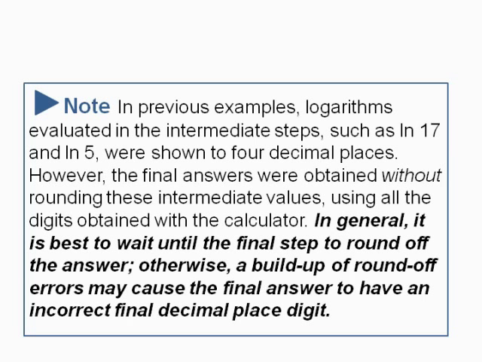Now notice it says in previous examples, logarithms evaluated in the intermediate steps, such as the natural log of 17 and the natural log of 5, were shown to 4 decimal places. However, the final answers were obtained without rounding these intermediate values, using all of the digits obtained with the calculator. So in general, it is best to wait until the final step to round off the answer.